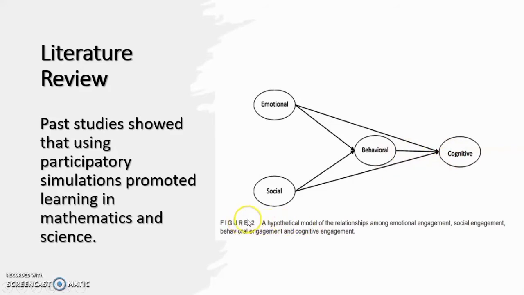And according to this hypothetical model, social and emotional engagement affects behavioral engagement. Emotional and social engagement also affect cognitive engagement, and behavioral engagement affects cognitive engagement.